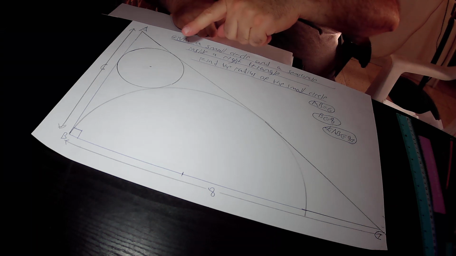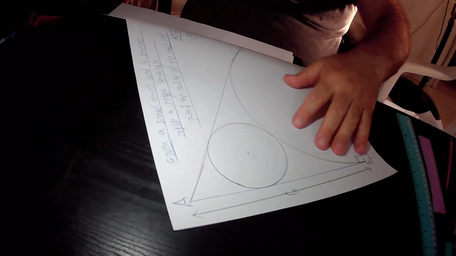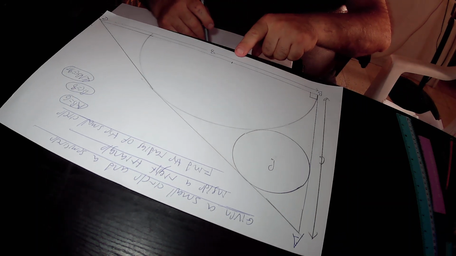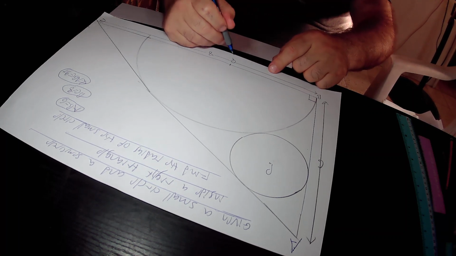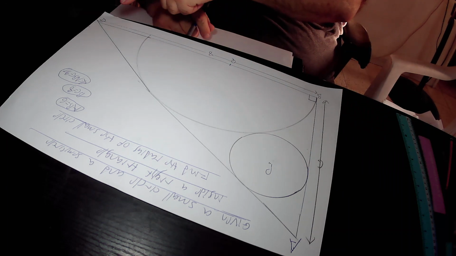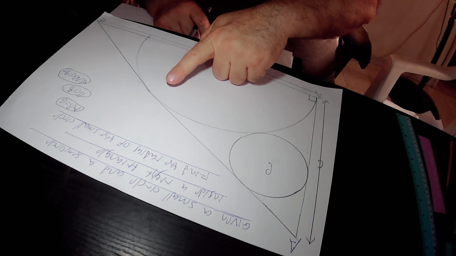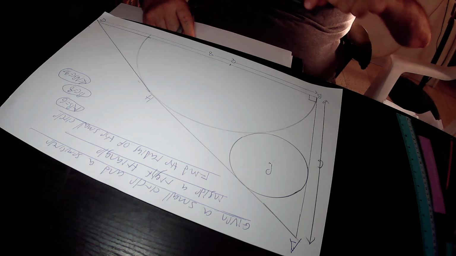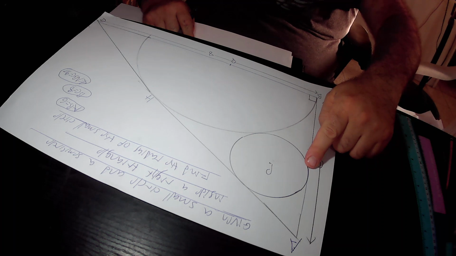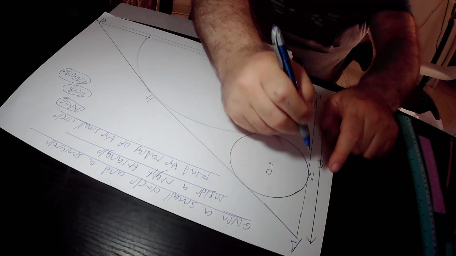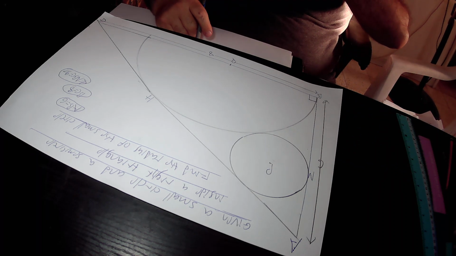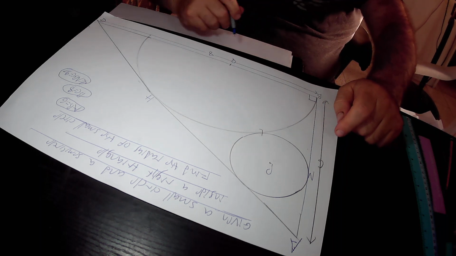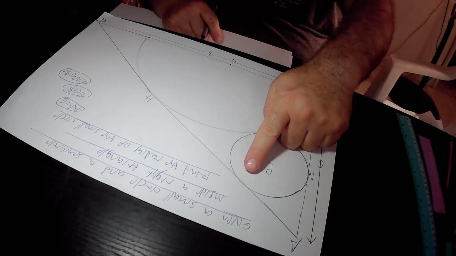We'll define the center of this small circle, this point, as point P. We'll define the center of this big semicircle, this point, as point Q. We'll define the point of tangency of tangent AC with this big semicircle, this point, as point H. We'll define the point of tangency of tangent AB with this small circle, this point, as point N. And we'll define the touching point of this small circle with this big semicircle, this point, as point L. And finally, we define the point of tangency of tangent AC with this small circle, this point, as point K.